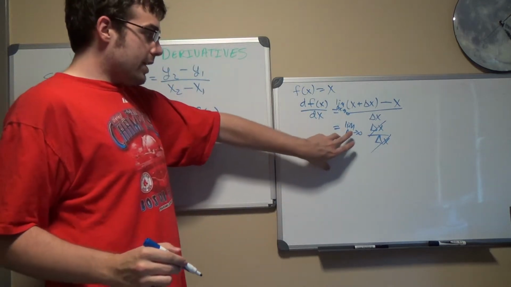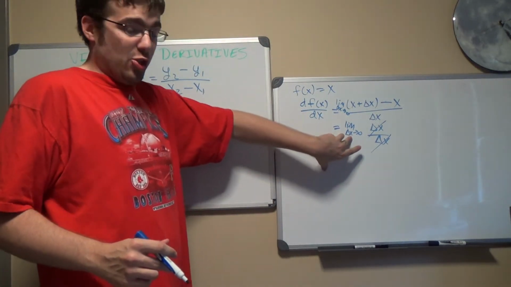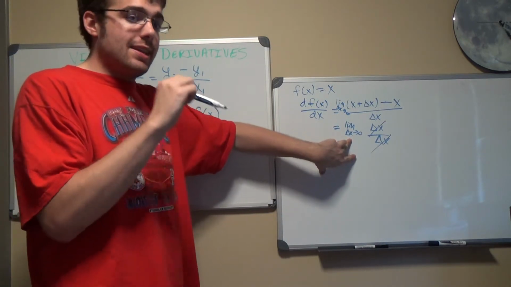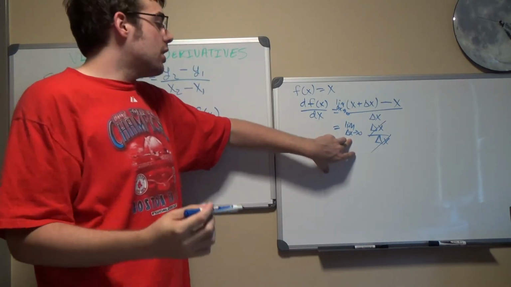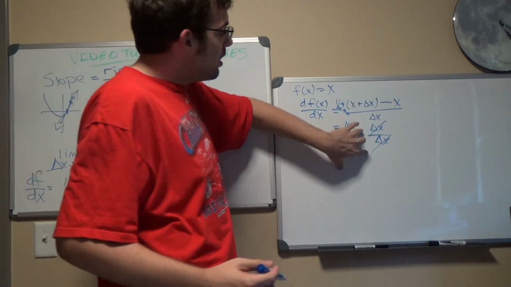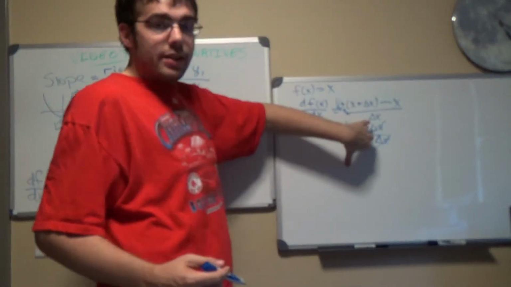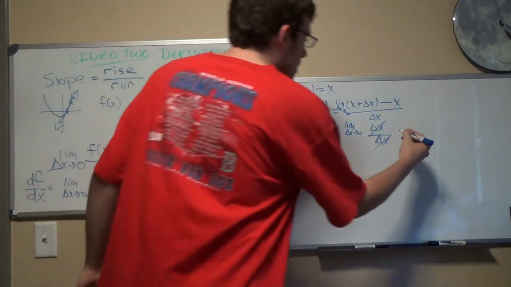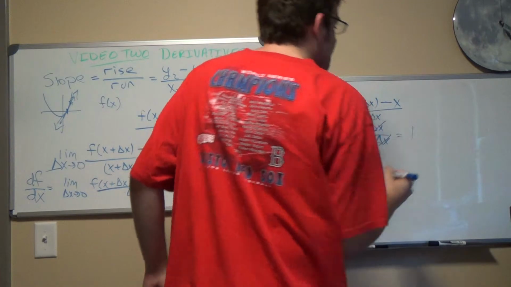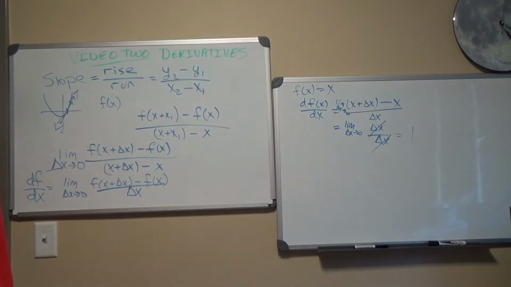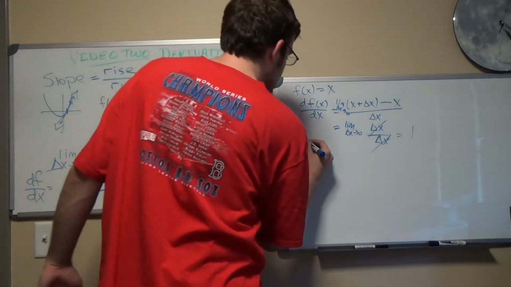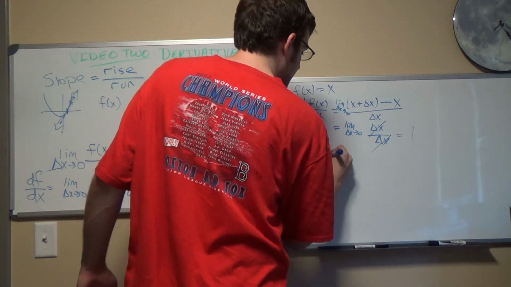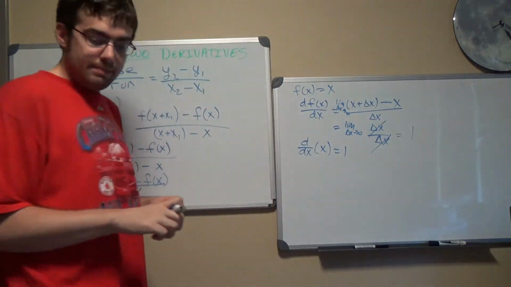Because we're not actually at delta x equals 0, we're at delta x approaching 0, delta x is an infinitesimally small value, so we can assume that these are the same value. This isn't 0 divided by 0. And we end up with 1. So the derivative of x is equal to 1.